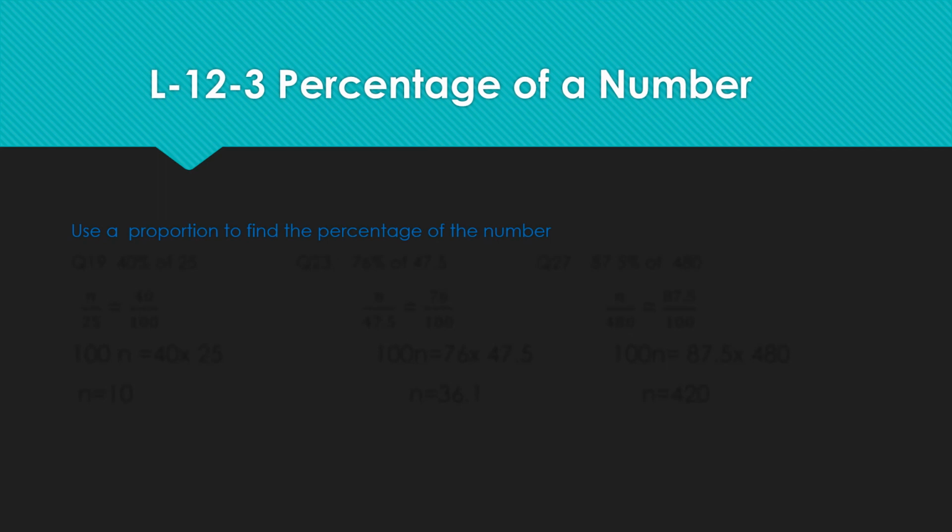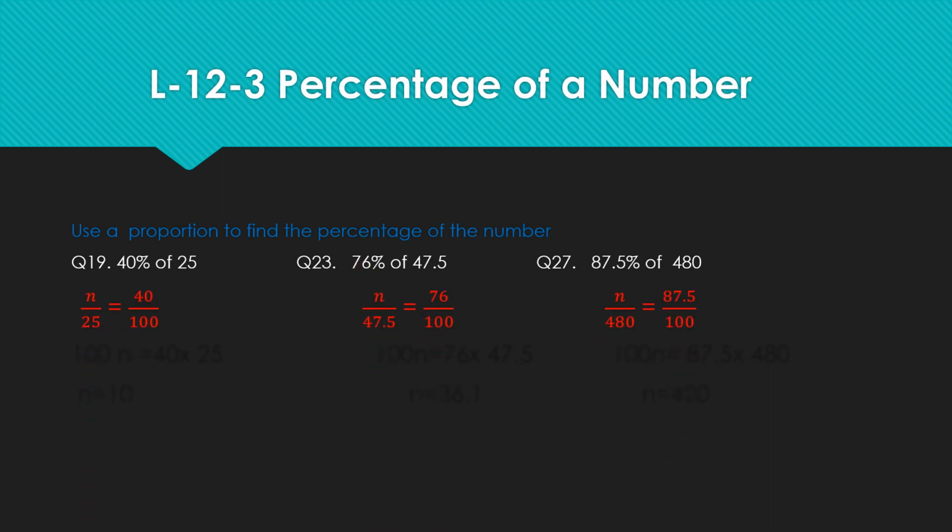In this one you can see use a proportion to find the percentage of a number. What is this one here? In a proportion, how to write? N by 25 is equal to 40 by 100, and the same way here, N by 47.5 is equal to 76 by 100.